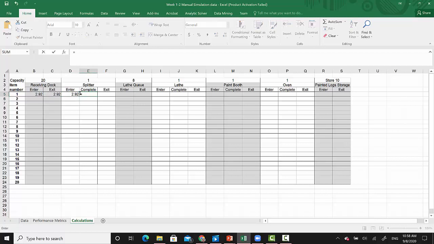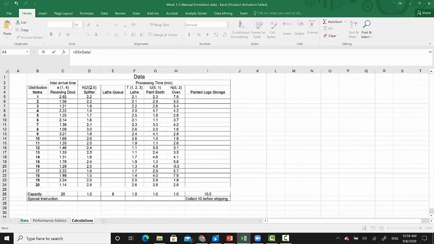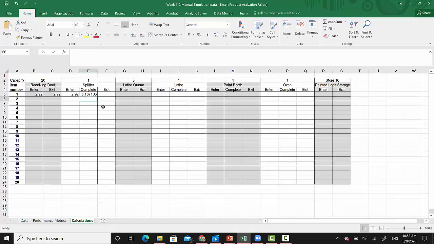And when does it complete? It would be the time it enters plus the time it takes to complete the work on this splitter, this value here. And then it can exit right away. So the exit time equals the complete time, and then it will enter right away, exit right away, because this is a queue. It does not have any processing time on it.